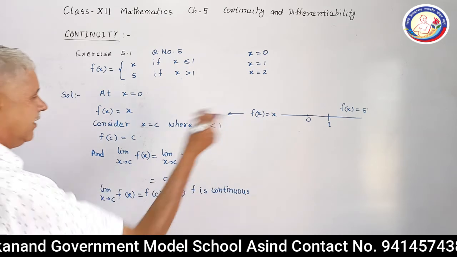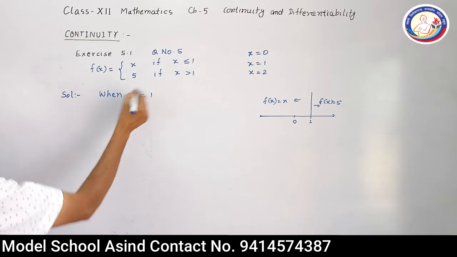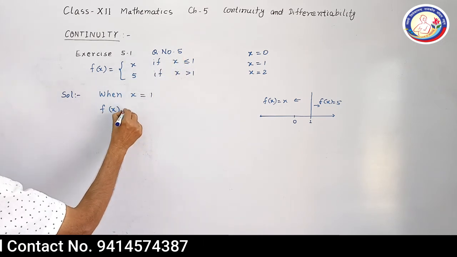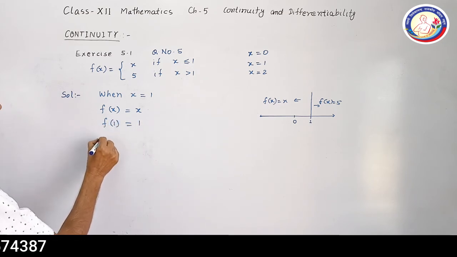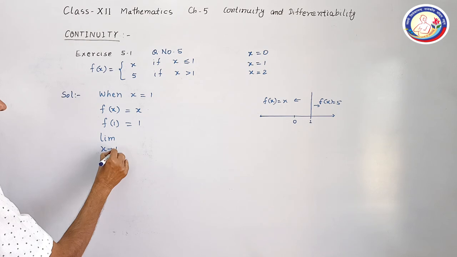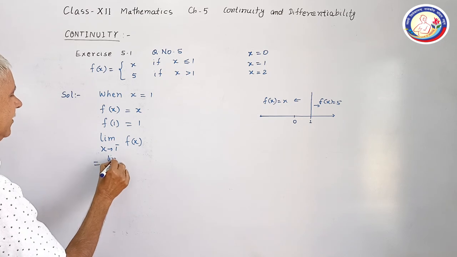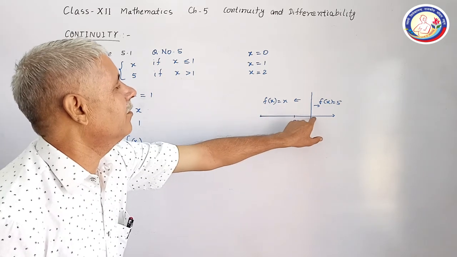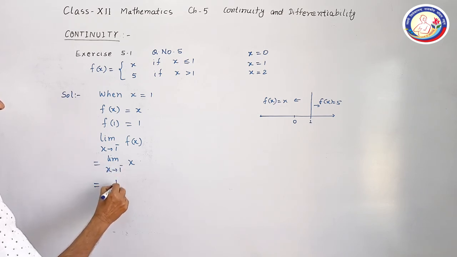Okay. Now take x equal to 1. f(x) is equal to x here. f(1) will be 1, and the left hand limit, x tending to 1 minus, here the function will be x, so x, and this will give us 1.